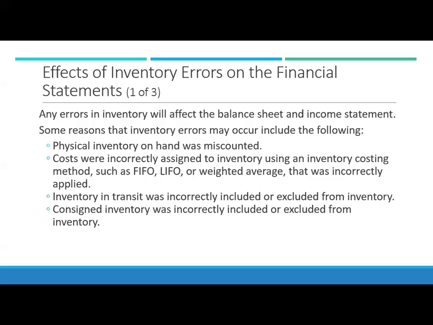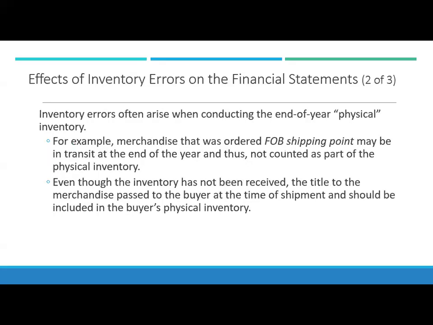If we are the retailer and we're selling items FOB destination, that inventory is still in our possession until it gets to the customer, so we have to make sure that we're including that. We have to make sure that we're not recognizing the revenue until the inventory actually gets to the customer. That's when we've satisfied our performance obligation. It's a contractual term, but it's also an accounting revenue recognition term. It's looking at what service we actually promised to provide and the exact point in time that we provided it. Also, consignment inventory may be incorrectly included or excluded.